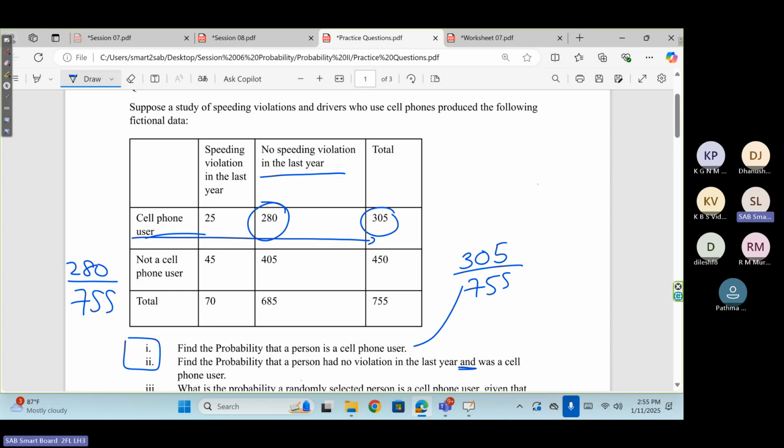Within the time period, you do that and scan it. After that, you can upload it to the LMS. Okay.